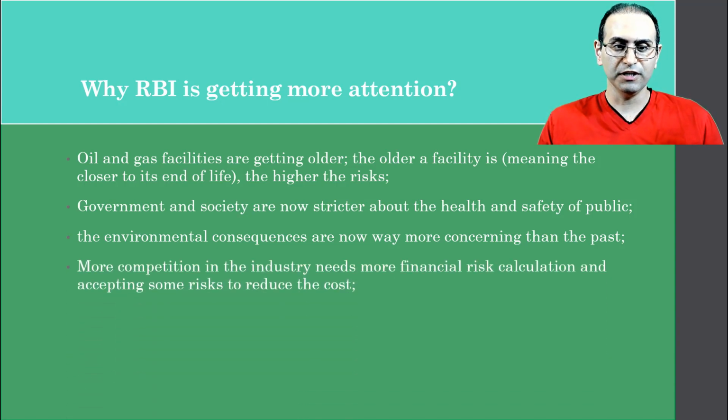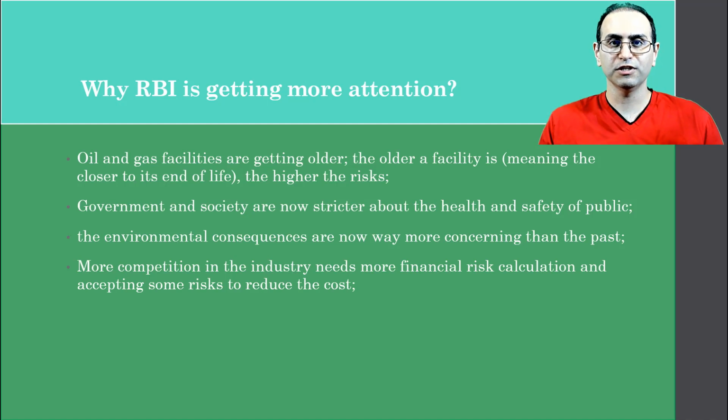More competition in the industry needs more financial risk calculation and accepting some risks to reduce costs. The oil price has changed a lot. There have been a lot of fluctuations in oil and gas prices. Obviously, it's down. It's not comparable to 2008 or 2010, and the companies are competing with each other to gain more money and have more revenue.